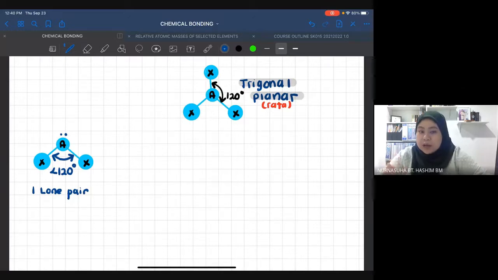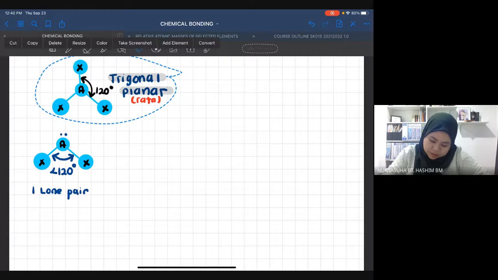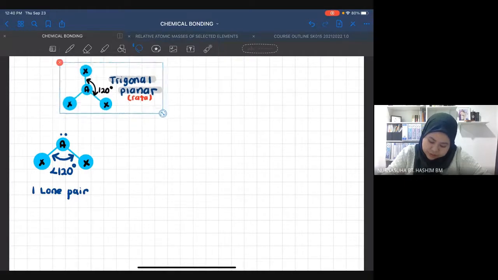Tadi kan kalau tak ada lone pair, bond angle dia 120. Tapi kalau ada lone pair, bond angle dia akan jadi kurang. Okay, so this is for Trigonal Planar.